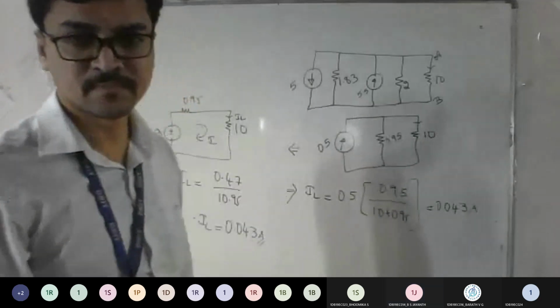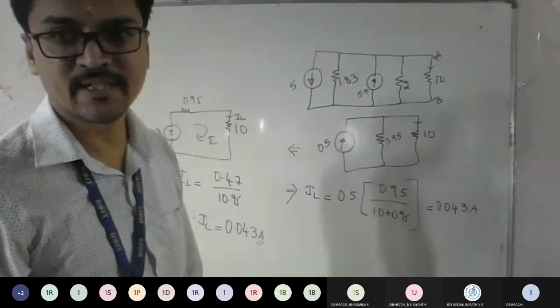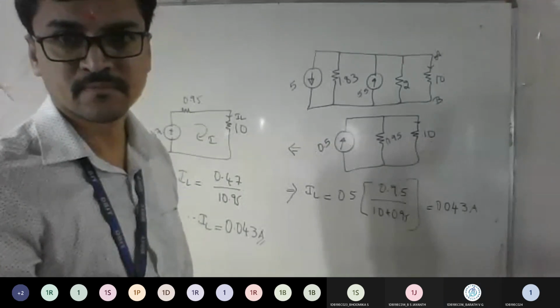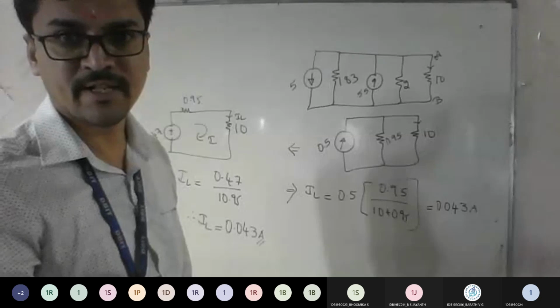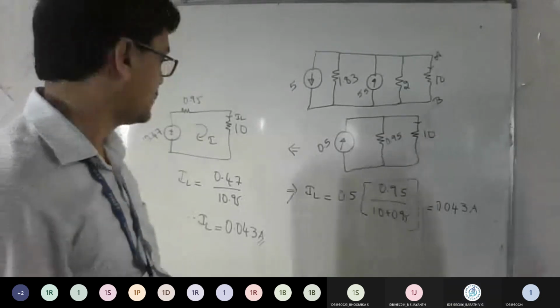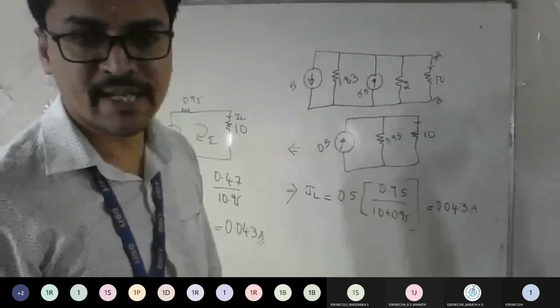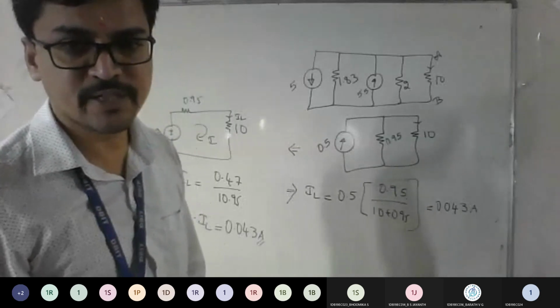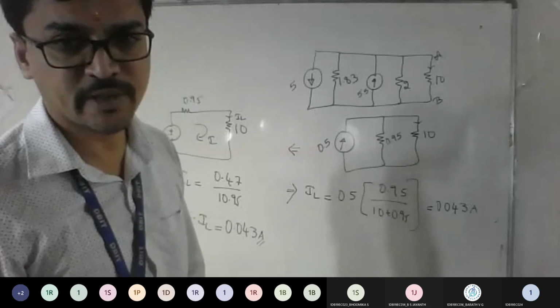Understood? Everyone, is it fine? Till here, any doubts, anyone? Bharat, any doubts here? No, sir. Okay. See, for the same question, they ask you to find the current. Across that, if they also ask you to get the voltage, then what should you do?